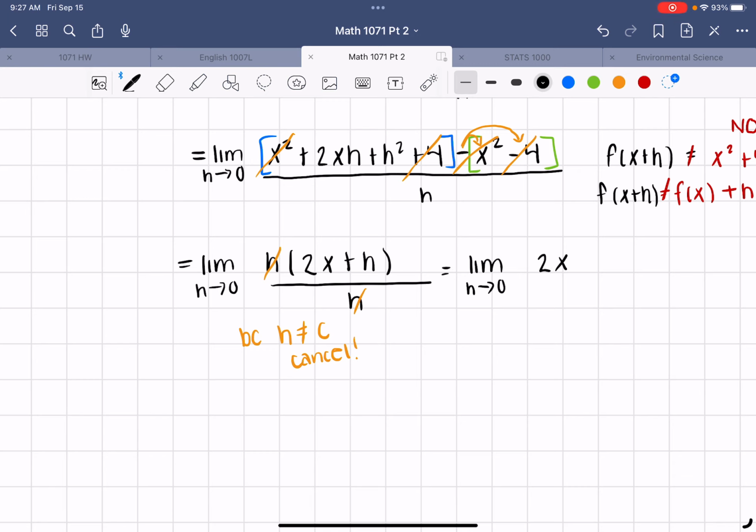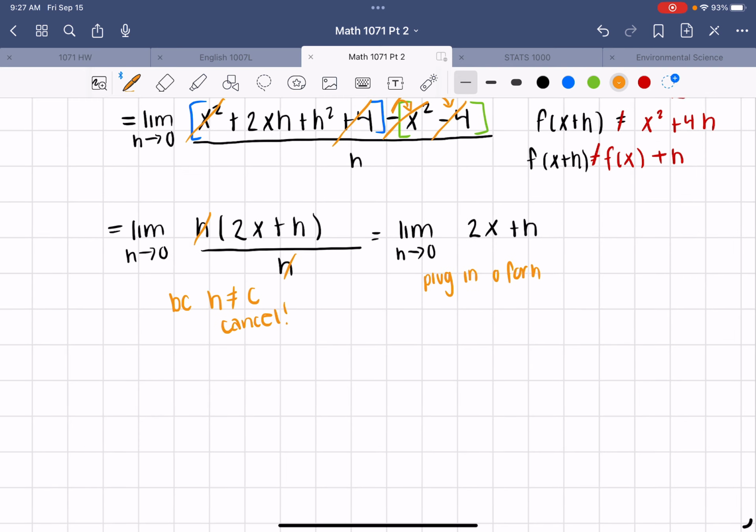And someone was asking me about this after class the other day. Couldn't we think of it this way? Sure. h is getting tiny, tiny, tiny. And so you've got 2x plus a vanishingly tiny number, which is 2x.